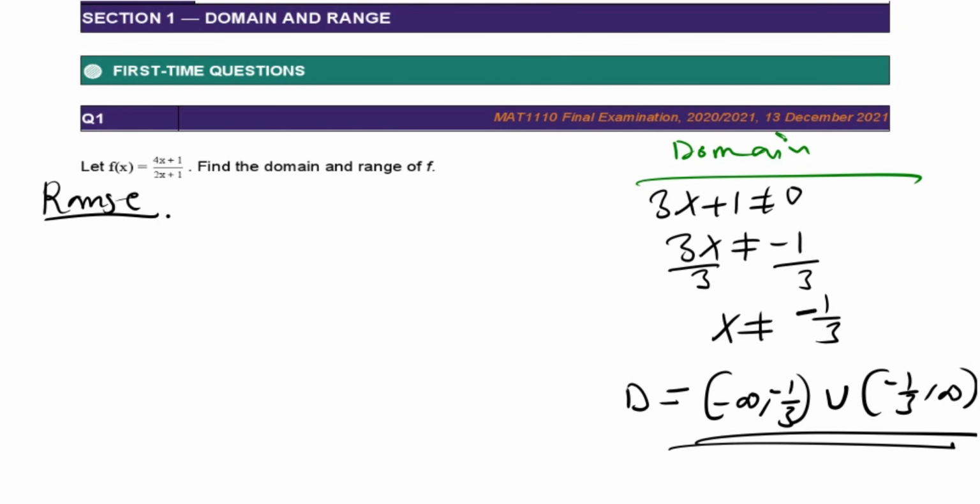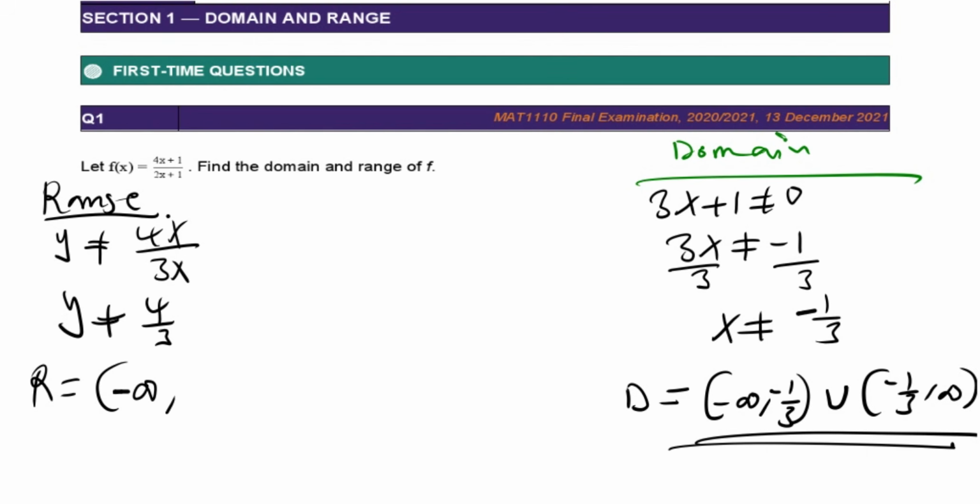But in this case, on top we've got x to the power 1, down we also have x to the power 1. Therefore, you are going to divide the coefficients. So y will not be equal to 4x divided by 3x, so y will not be equal to 4 divided by 3. So the range will be starting from negative infinity all the way to 4 over 3, union 4 over 3 all the way to positive infinity.